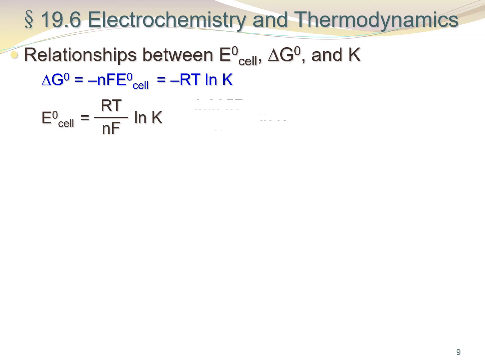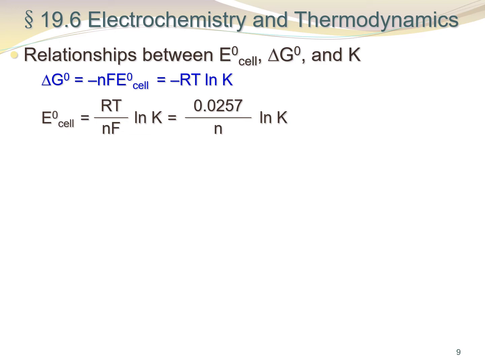This definitely establishes the triangle relationship between the three, which we're going to talk about in a few minutes. But what I would like to point out here is that at the standard condition or state, R, the universal gas constant, is a constant. F is called the Faraday constant. Temperature is 298, which is fixed because it's a standard state.